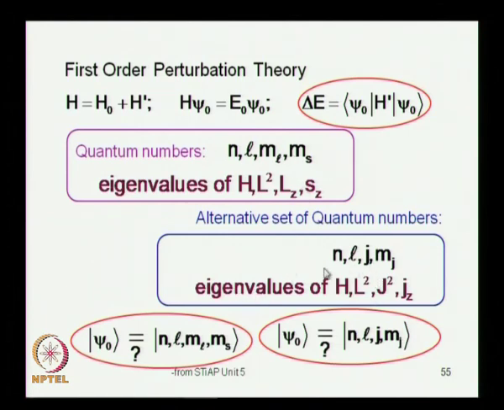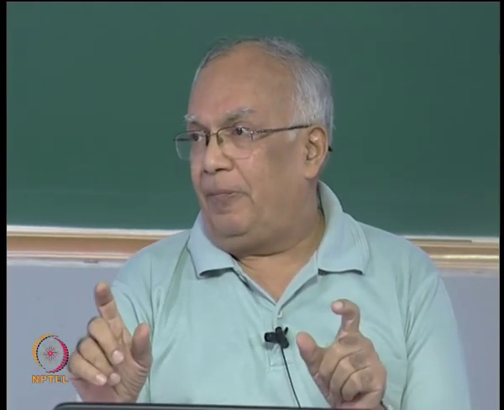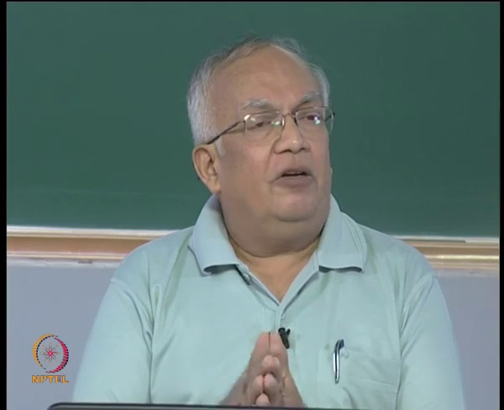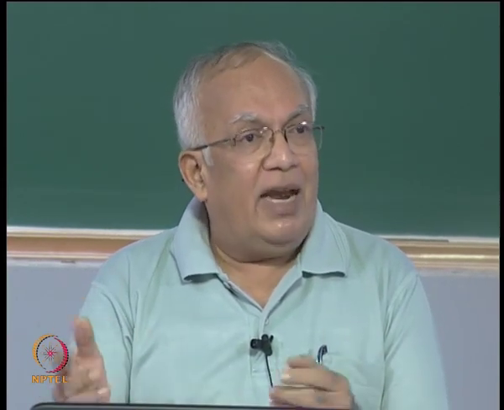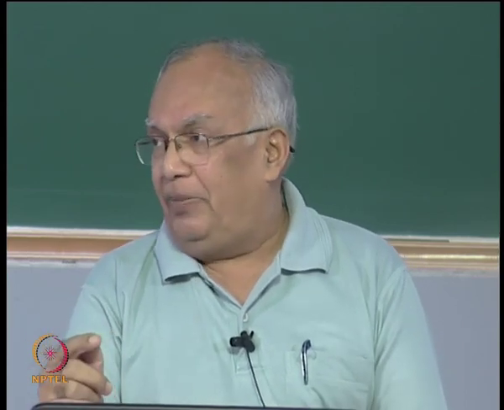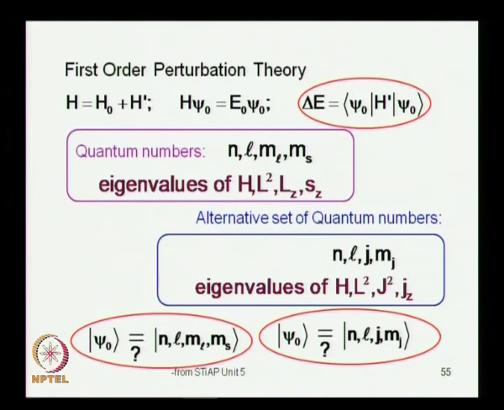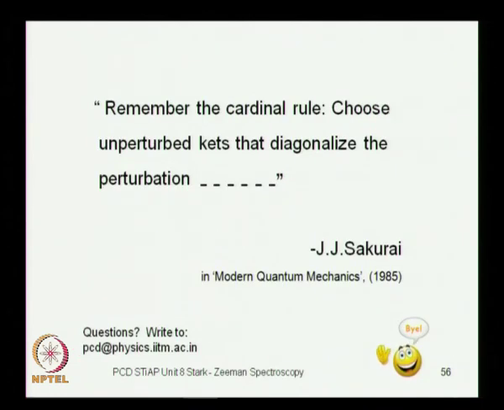And this is what Zeeman spectroscopy is about, okay, because the basis set which is appropriate for the normal Zeeman effect need not be appropriate for the anomalous Zeeman effect, it need not be appropriate for the Paschen-Back effect, and in each case you have to make your choice very carefully, and these are the details that we will be discussing in the next few classes.